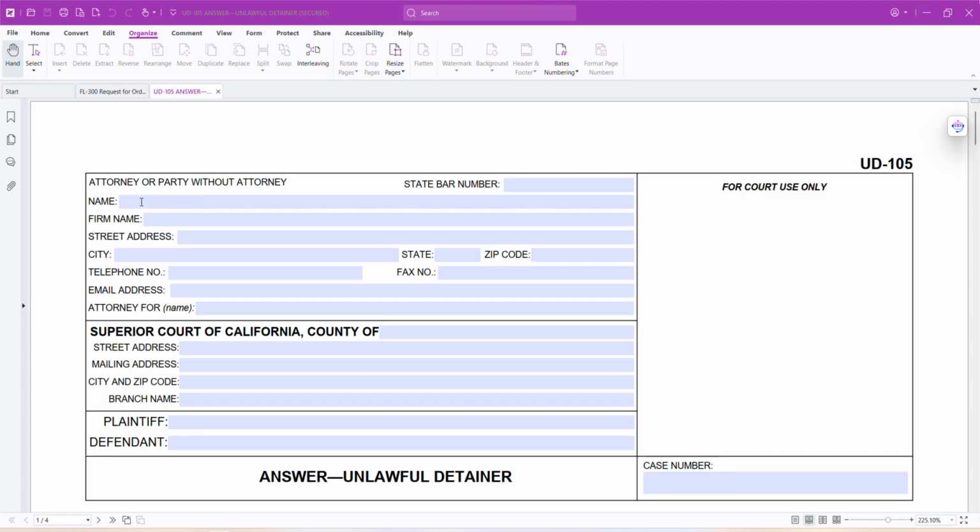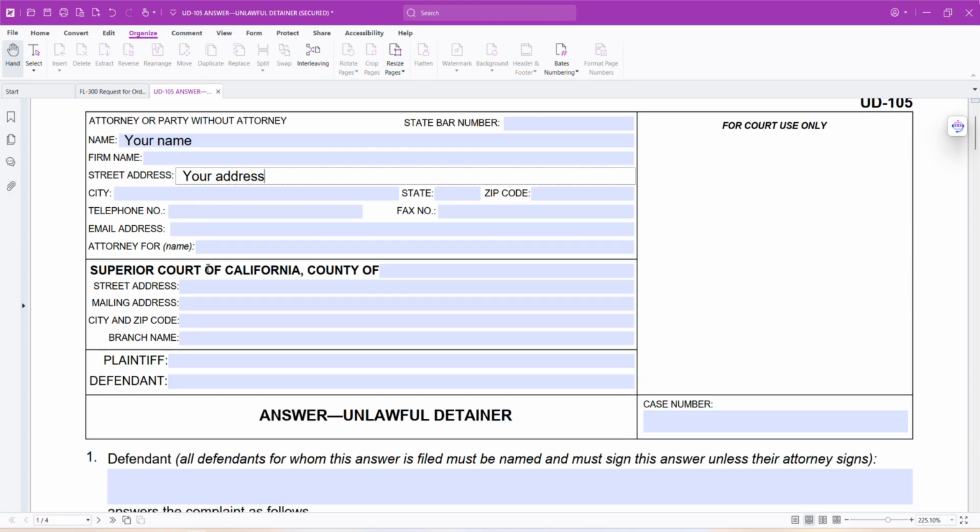The top part of this form is where you will fill out your name and your address. Then this middle part here, if you are filing in Siskiyou County, which is where I am, you would write in or type. You can type or handwrite this form. Either way is fine.